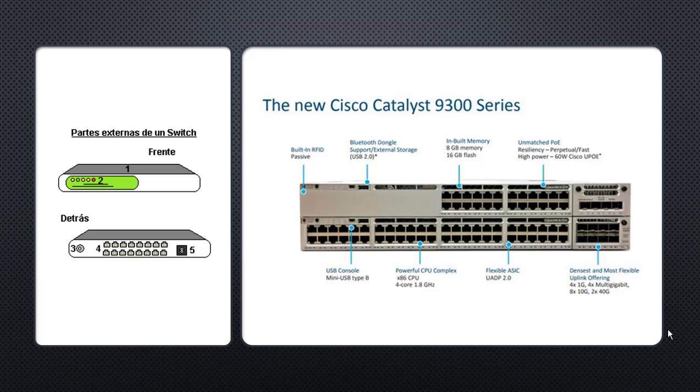RAM memory is volatile and stores the instructions and data to be executed by the CPU, including the operating system, which is copied at switch startup, the running configuration file, and the MAC address table. It also has a buffer where it temporarily saves the frames to be retransmitted.